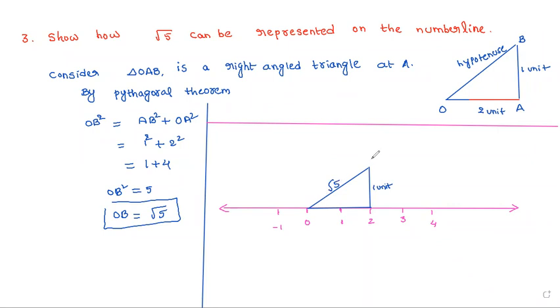So taking radius OB, join. Okay. 2.36, and join the square, sorry, rectangle. Rectangle form.